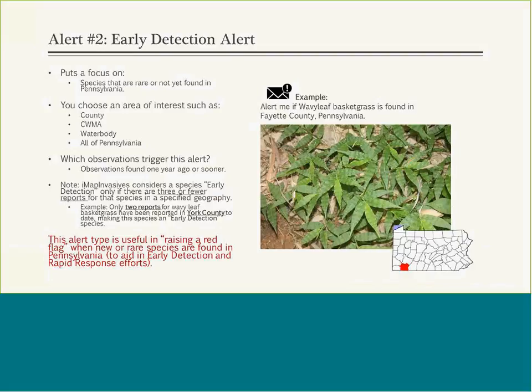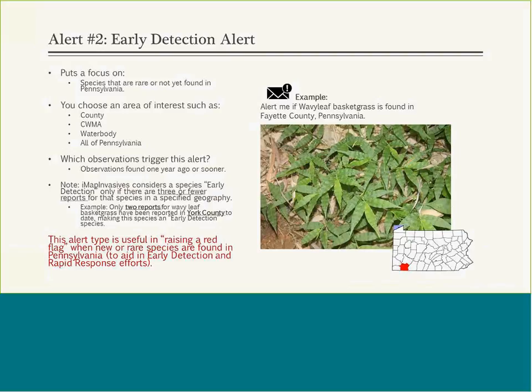An example of what that means: wavy-leaf basket grass is still considered an early detection species because right now in the iMap program, we have only 2 reports for it, in York County. Again, that designation is 3 or fewer reports in a certain geography, and here the geography is York County. So that's still considered an early detection species.